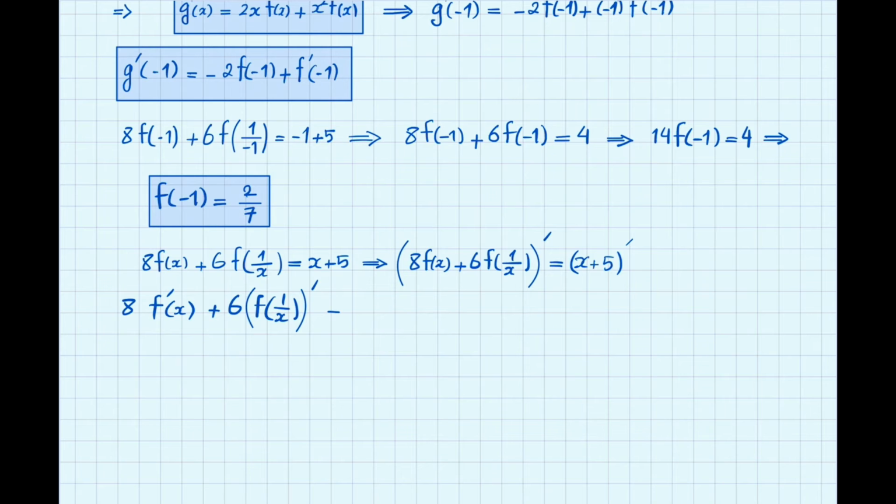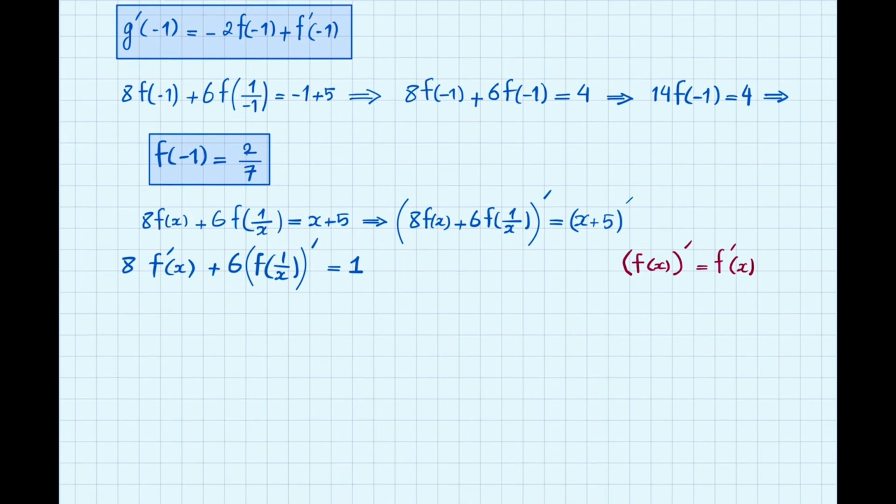Okay, and on the right hand side I have just simply 1. Okay, I don't know how much you know about the chain rule. The reason is that there is no difference between f of x prime and f prime of x. Okay, why is that the case?